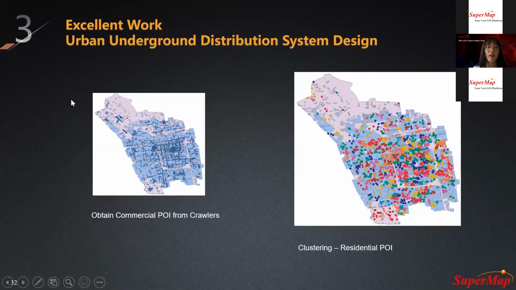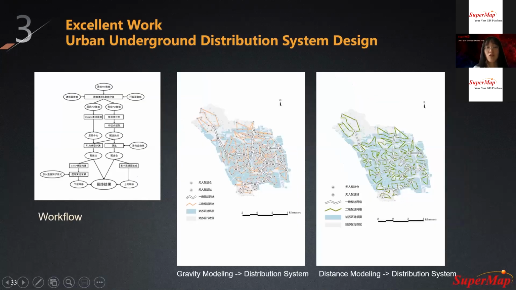And then they designed a very clear and thorough workflow for their whole project. And in the project, they chose to compare two modeling methods. The first one is gravity modeling, and the other one is distance modeling.